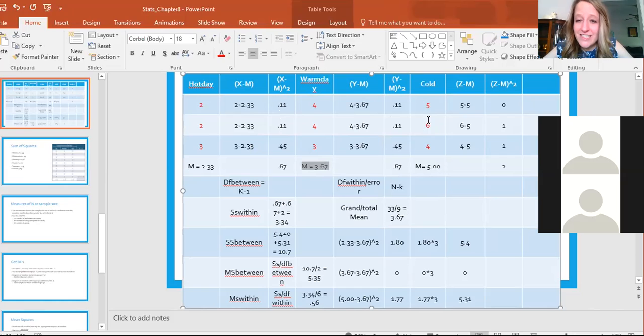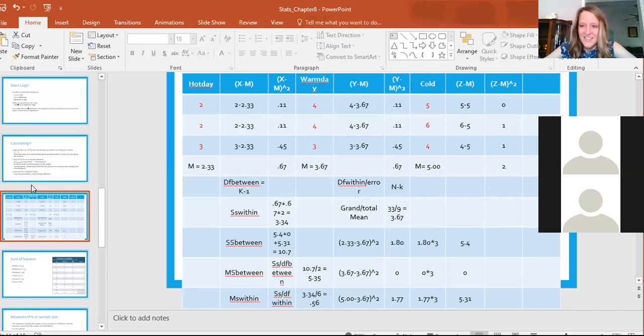But here you would need to, because if you do 5, 6, and 4 divided by 3, you get 5. And so I took each value for cold day and subtracted 5 and then squared it. Correct. Yes, I guess that's one of the reasons why I probably couldn't move forward, because I didn't get that right at the beginning.